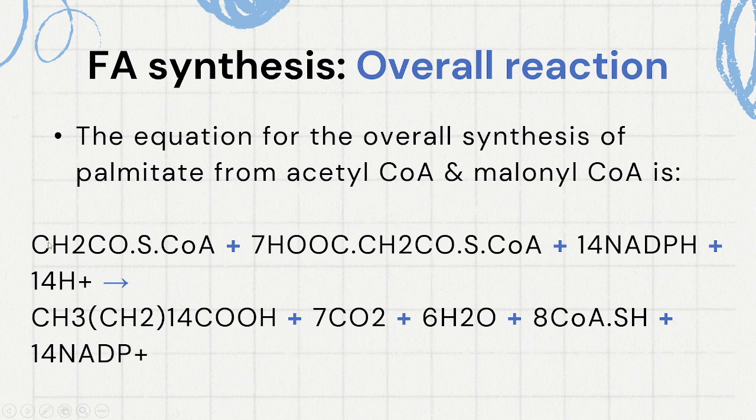We have one molecule of acetyl-CoA, 7 molecules of malonyl-CoA, 14 NADPH, and the result is palmitate plus 7 carbon dioxide molecules plus 6 molecules of water plus 8 CoA plus 14 NADP.